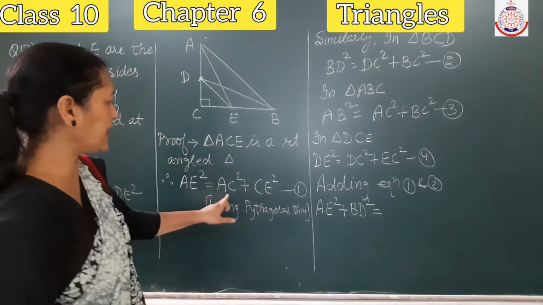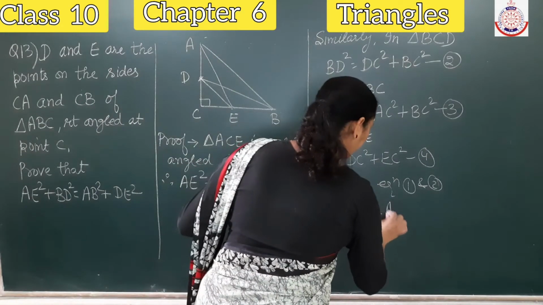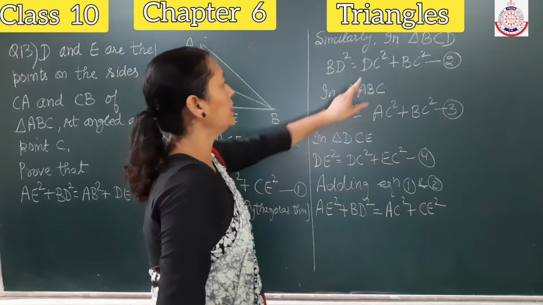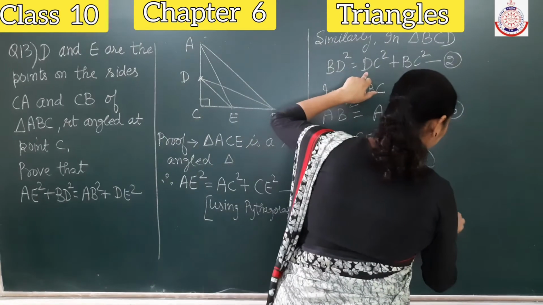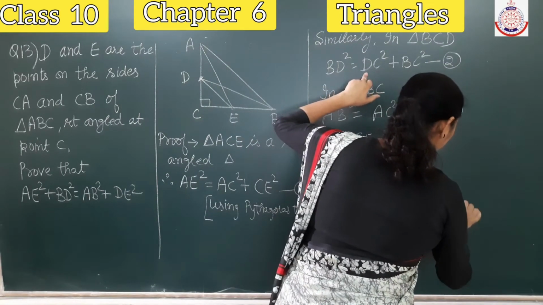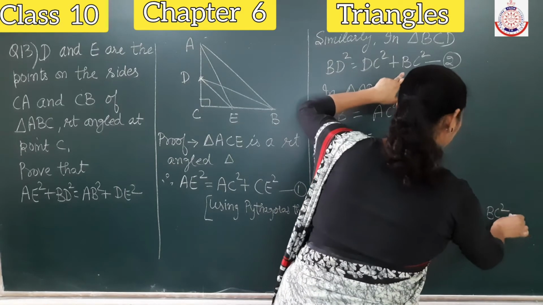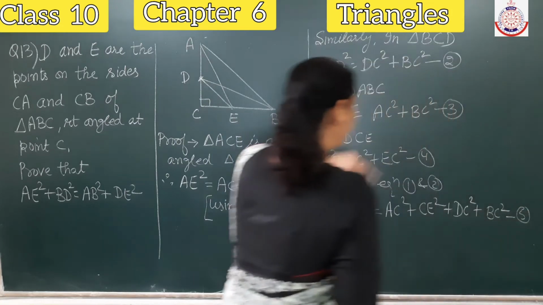And on the right side we will be getting AC square plus CE square plus DC square plus BC square. That will be equation number 5.